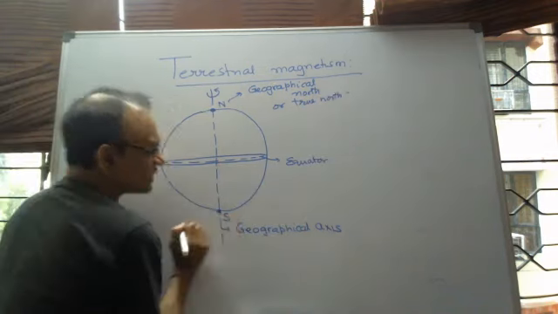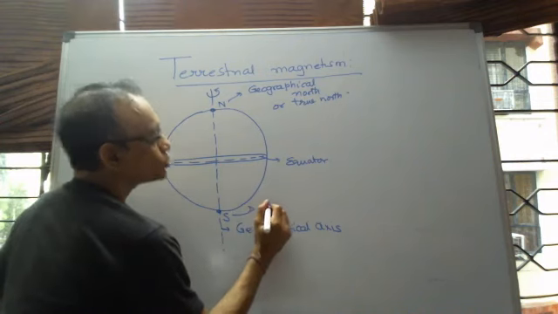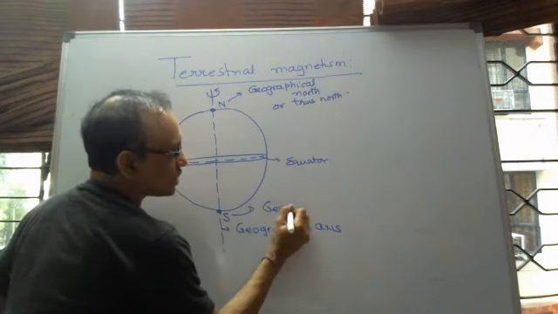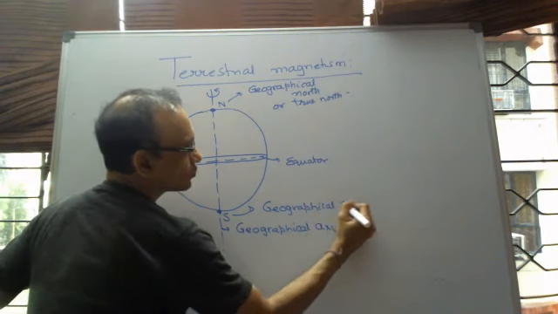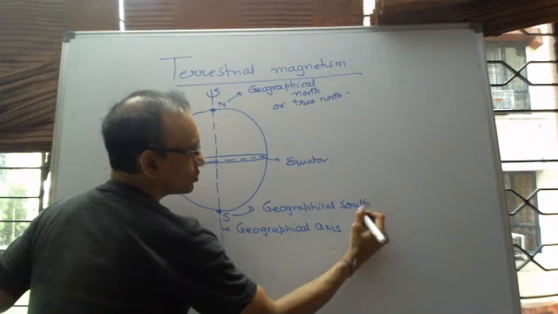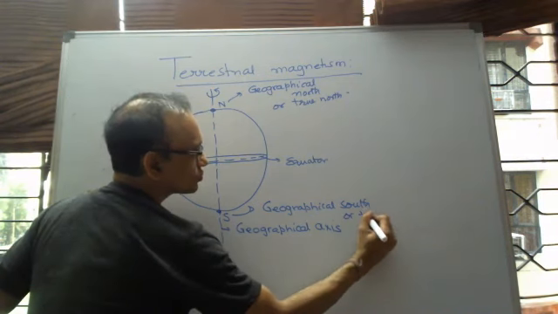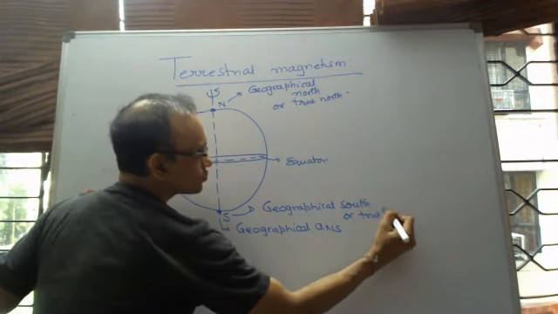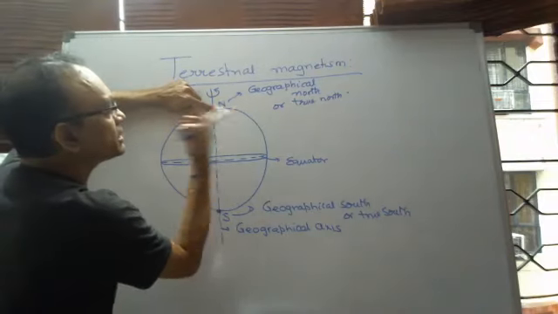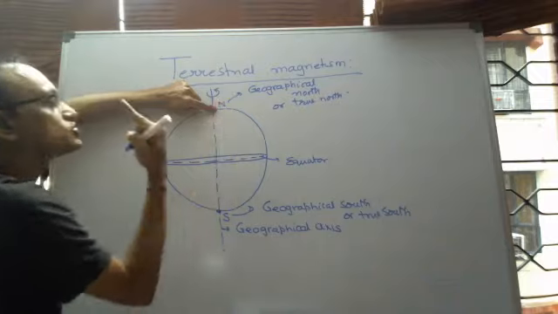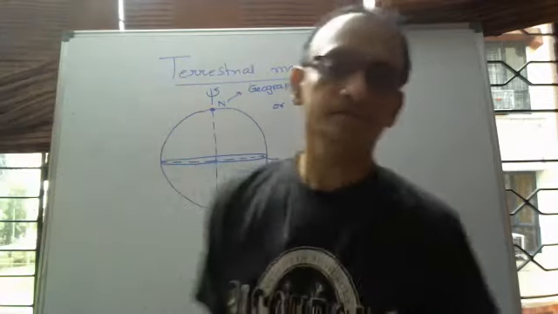This extremity is called geographical south or true south. South pole or true south. So this is the North Pole, this is the South Pole. The Earth spins about this axis. This is the geographical axis.